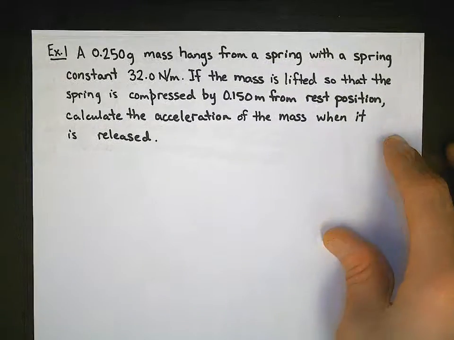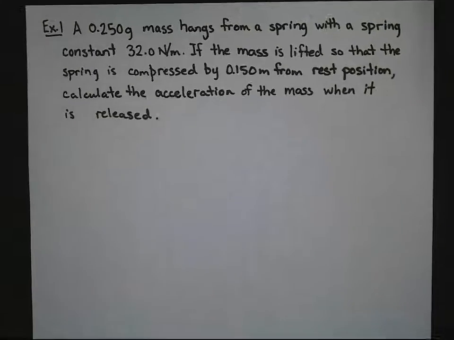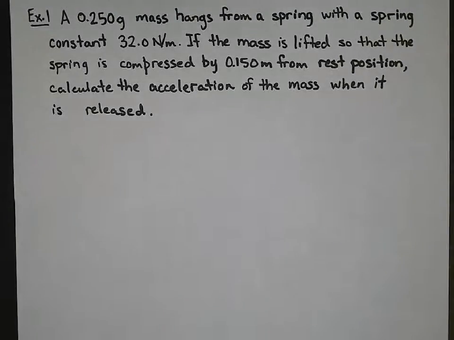So let us see how we can practically use Hooke's law in a problem. We have a mass of 0.250 grams hanging from a spring with a spring constant of 32 newtons per meter. Our mass is lifted so that the spring is compressed by 0.150 meters from the rest position. Calculate the acceleration of the mass when it is released.